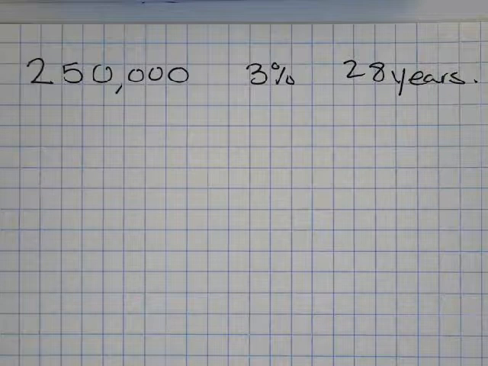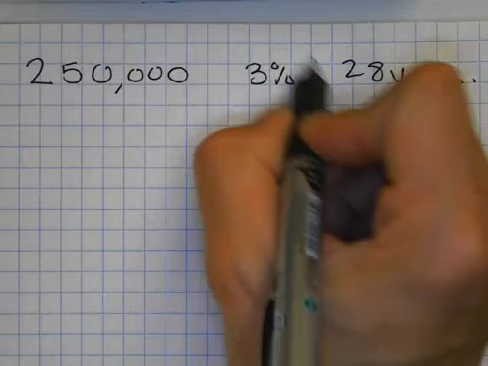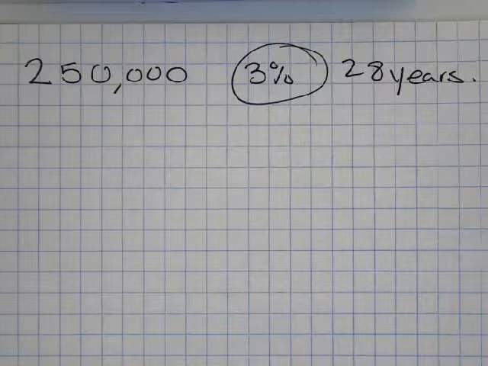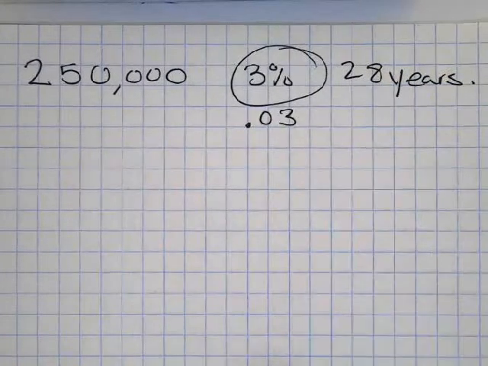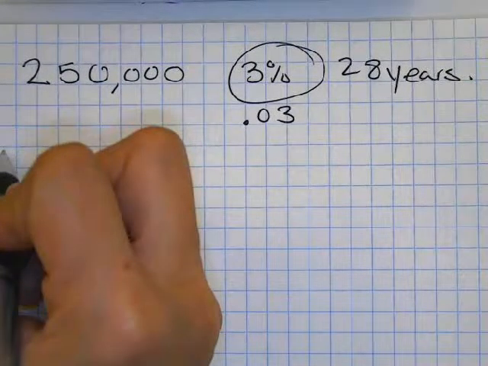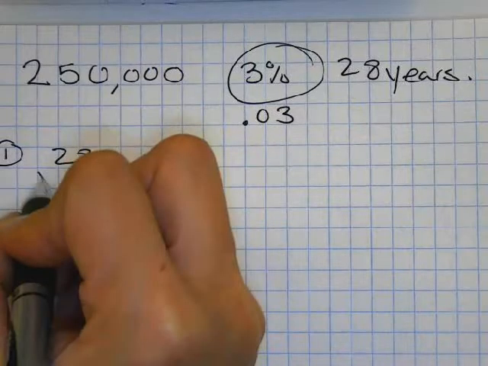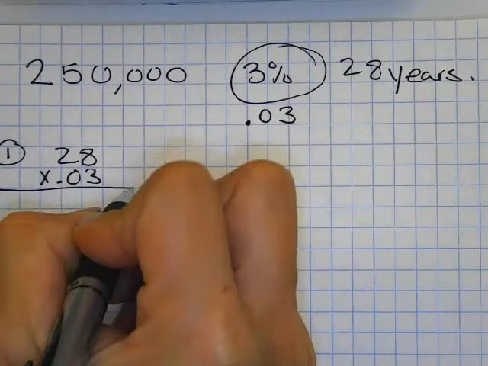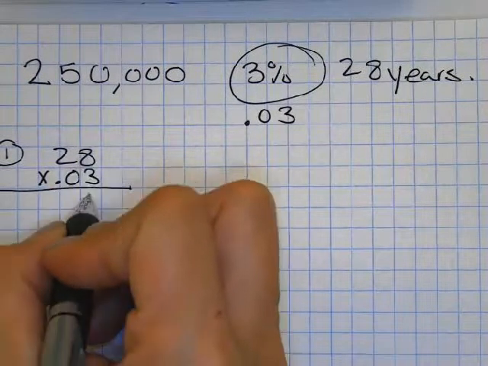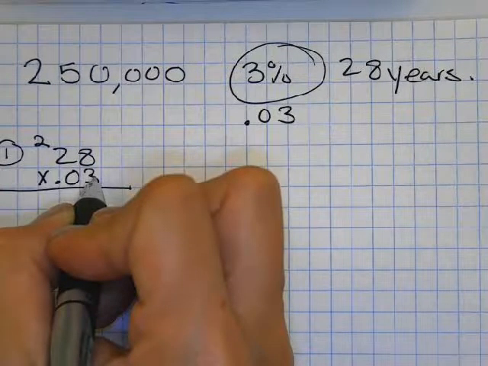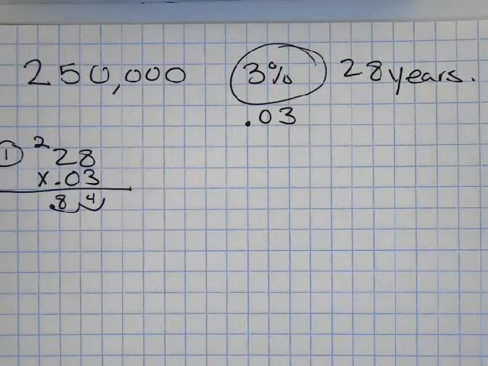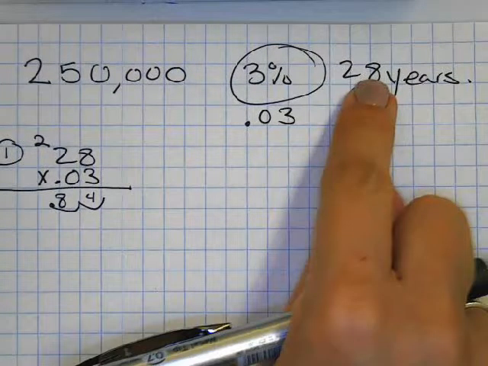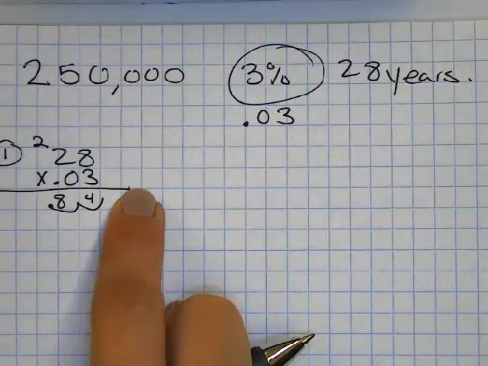So first step is actually change 3% into a decimal. What is the 3% as a decimal? Alright, so I'm going to take 28 and multiply it by 0.03. 24, carry the 2, 6, 7, 8. I took 28 times 0.03 and I got 0.84.